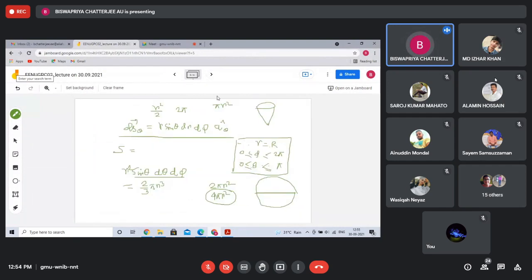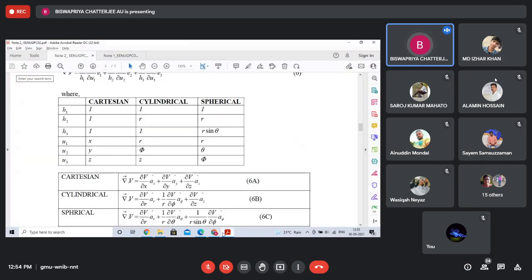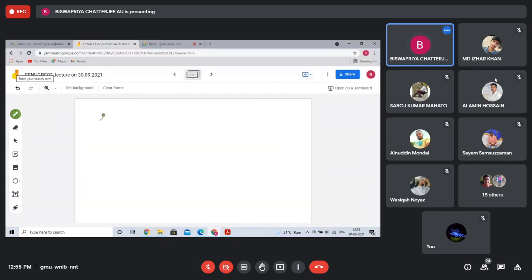Those coefficients mentioned in the PDF, h1, h2, h3, are called metric coefficients. In Cartesian, all are 1. In cylindrical, it is 1r1. In spherical, it is 1, r, sine theta. What are h1, h2, h3?